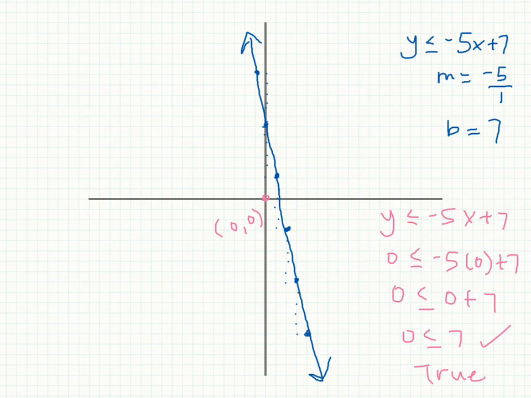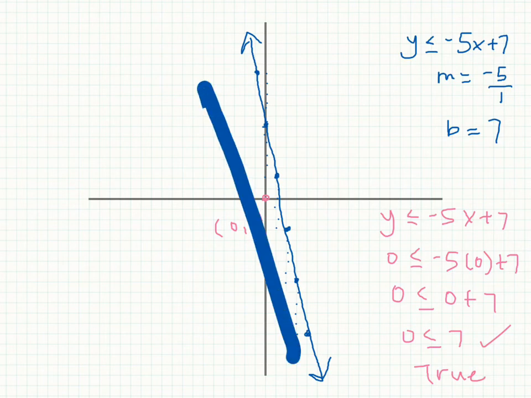So this time I'm going to shade the whole area that includes the test point. So we have two sides to this line. There's the side over here that includes the test point, and then there's the side over here that doesn't include the test point. I'm going to go for the side that does include the test point.